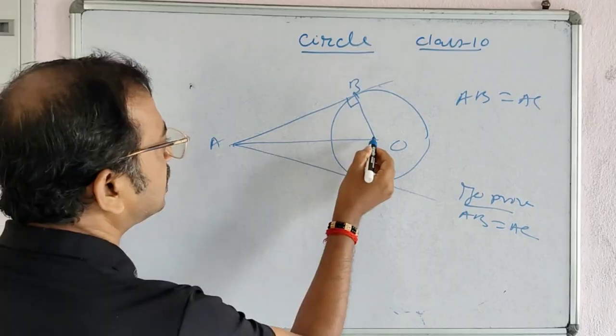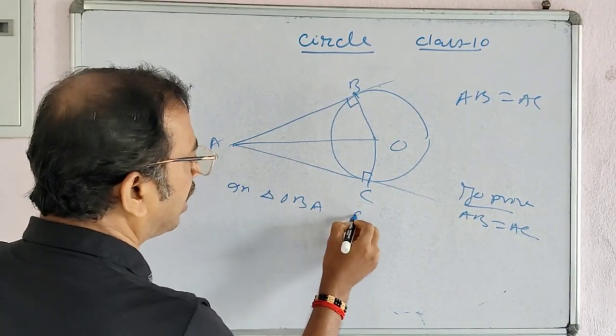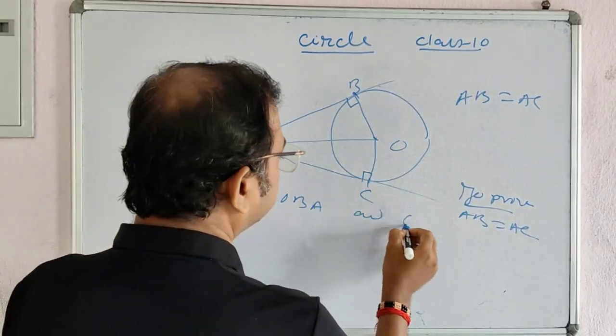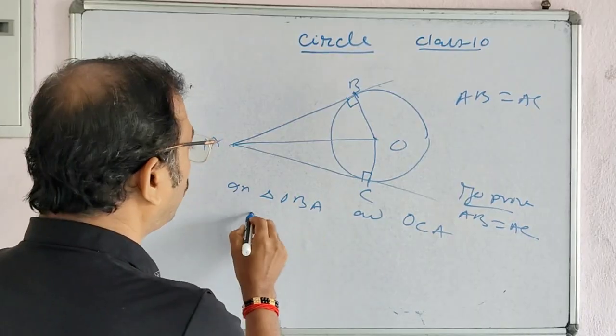How to show that? See, in triangle OBA and triangle OCA, what happened? Sir, this angle is 90.